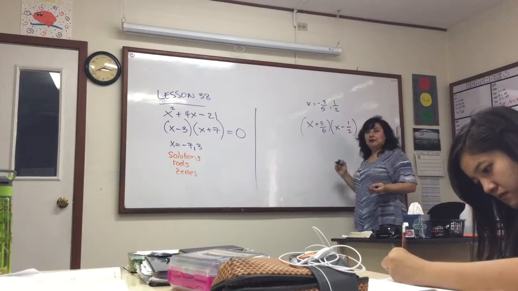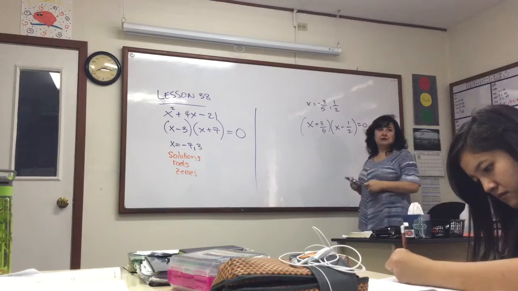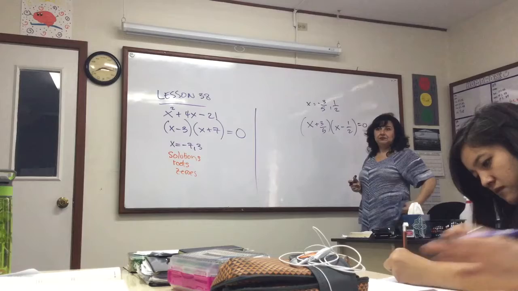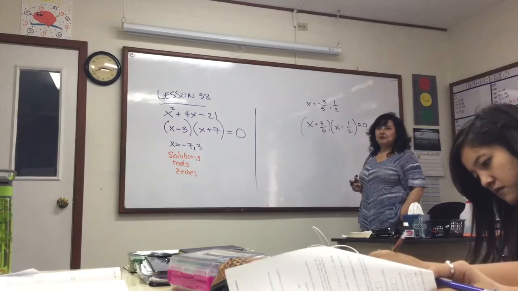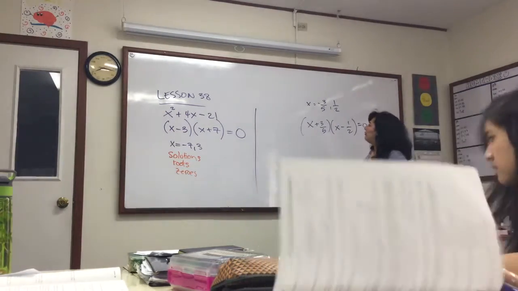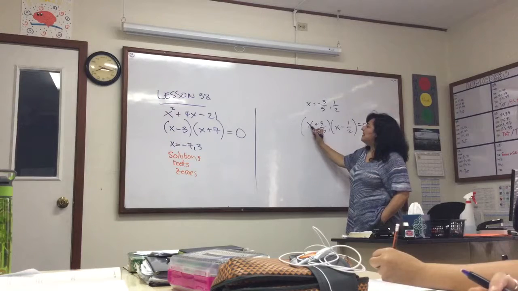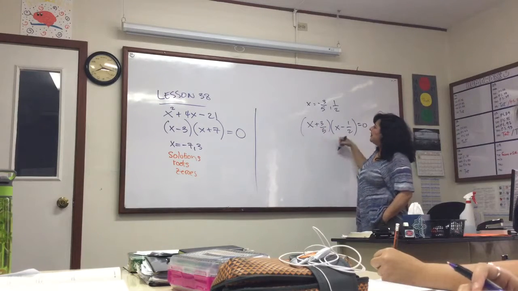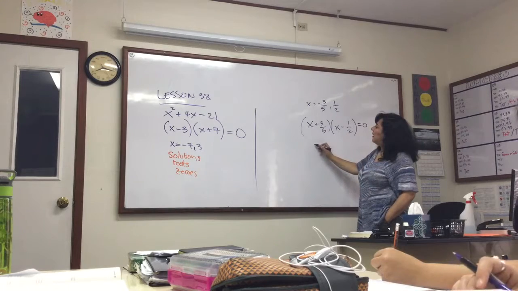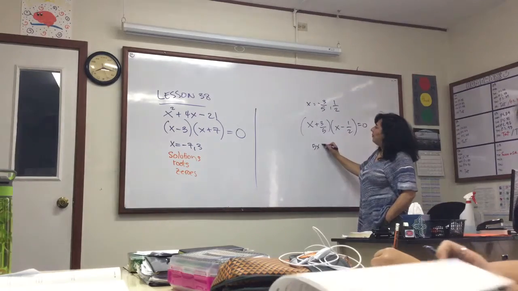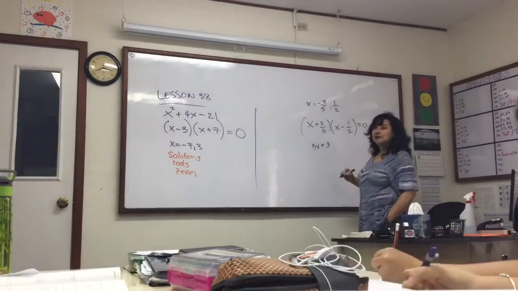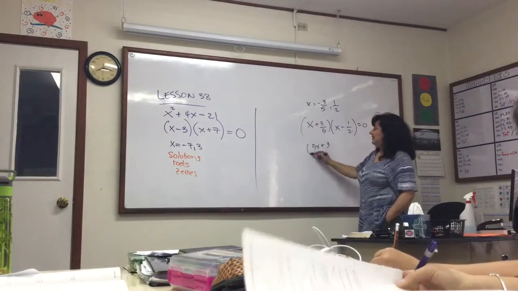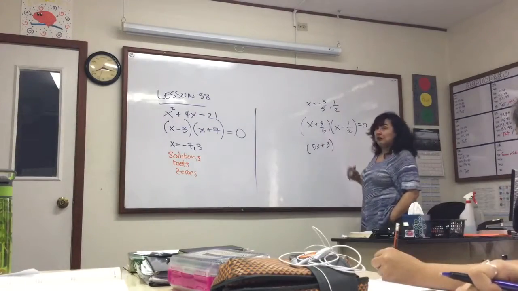And then you multiply. But it says with a coefficient of 1. With a coefficient of 1 means that these have to be left alone. Otherwise, this would be 5x plus 3 and 2x minus 1 equals 0. That's another way of writing this one.